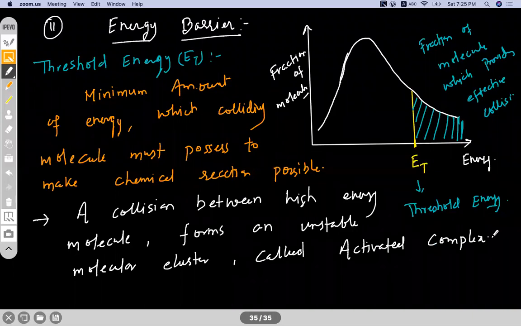Right, this is highly unstable, it is written already. Hence the lifespan of these complexes is very small.